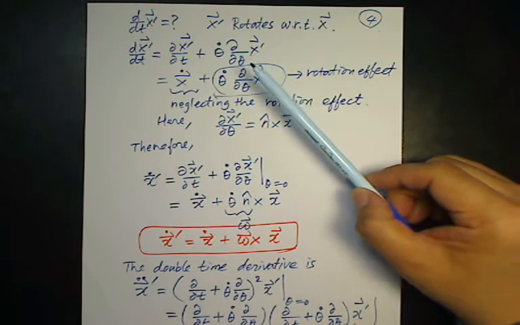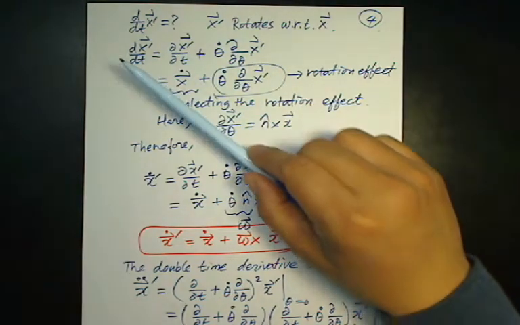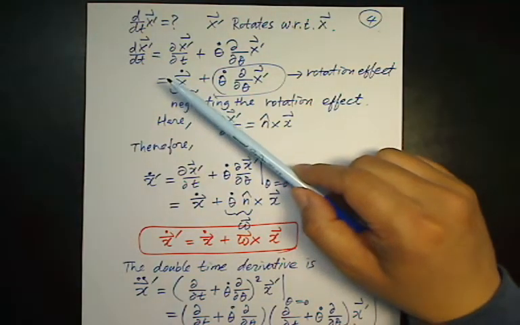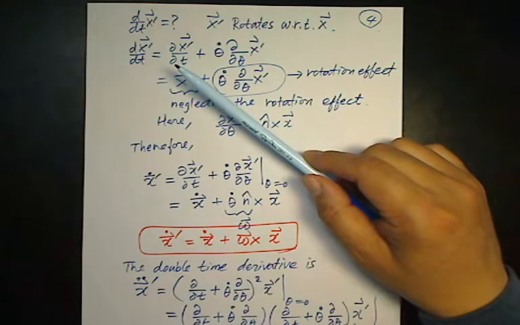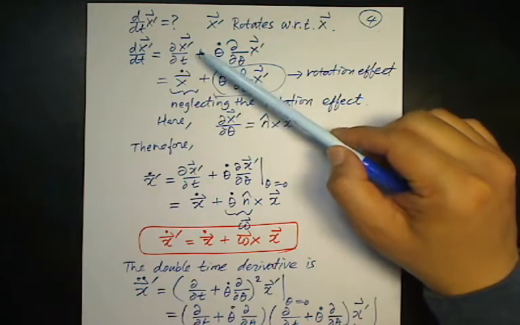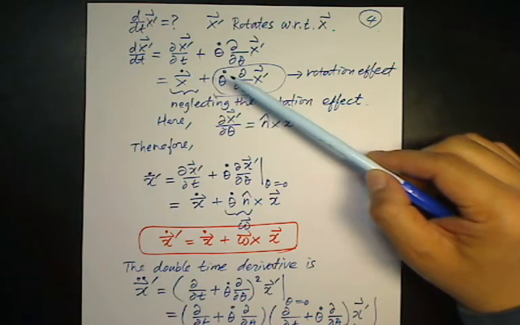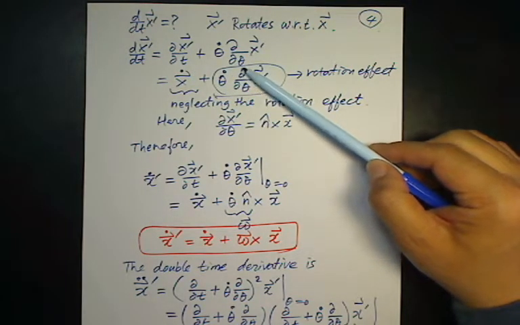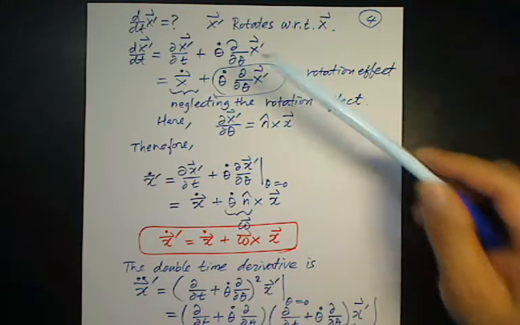So this theta is the amount of rotation about the axis of rotation. The chain rule shows that the total time derivative of a vector observed outside of the rotating frame is the total time derivative of a particle observed in that rotating frame, plus this contribution coming from the rotation of the axis.